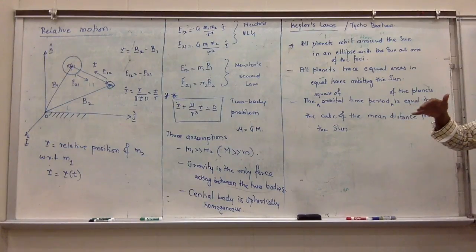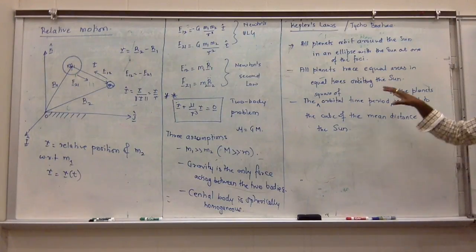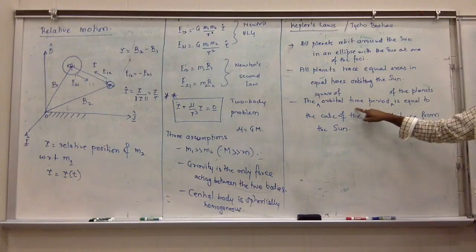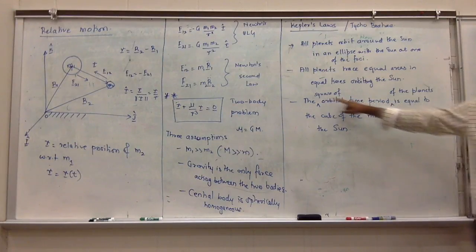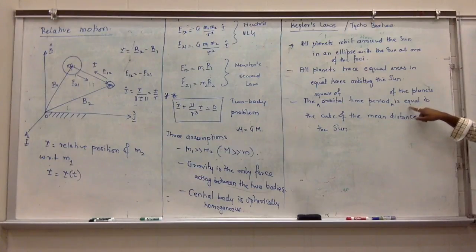If you're looking at the sun, at one of the foci, the time taken by any of these planets to complete one revolution is the orbital time period. The square of that time period is proportional to the cube of the mean distance.